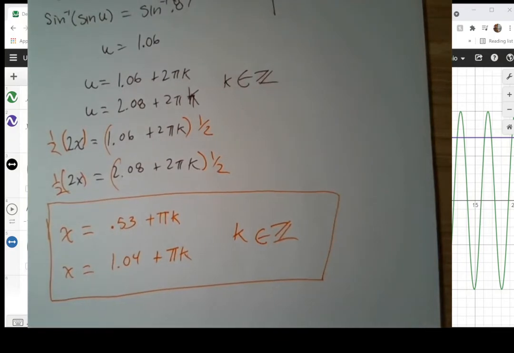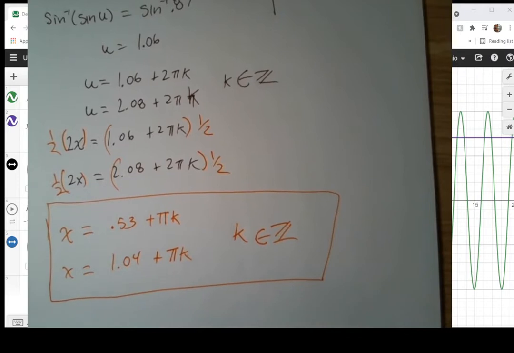And those are our approximate solutions, right? Approximate because when we don't have exact values, there's no choice but to round, which gives us a pretty decent approximation in this case.